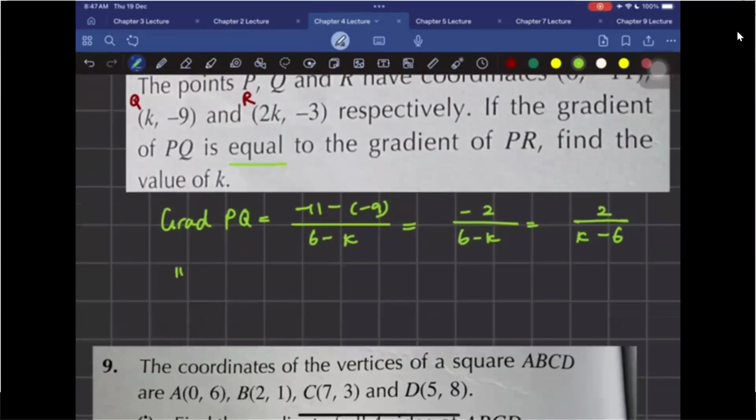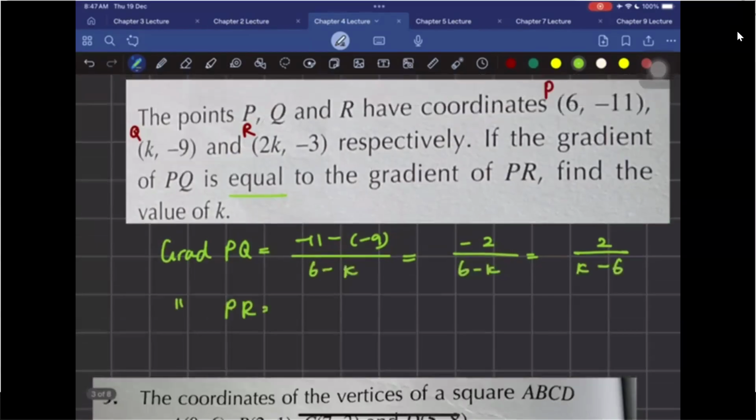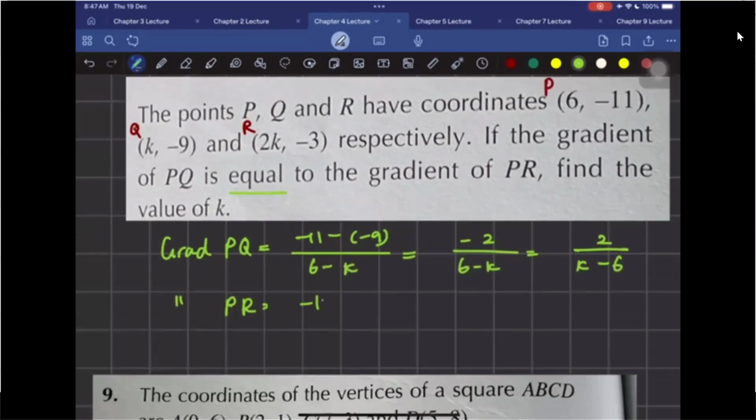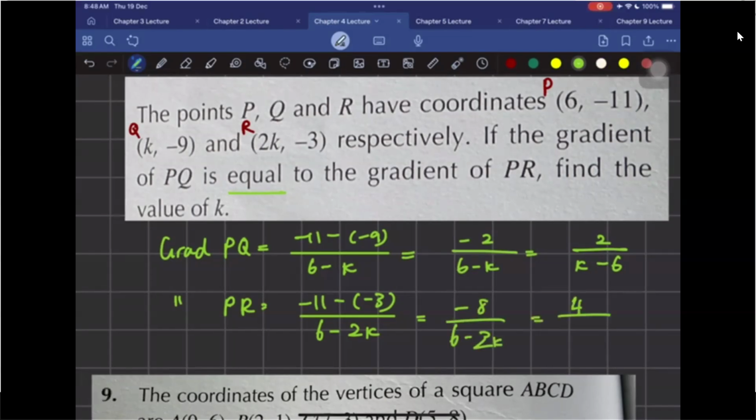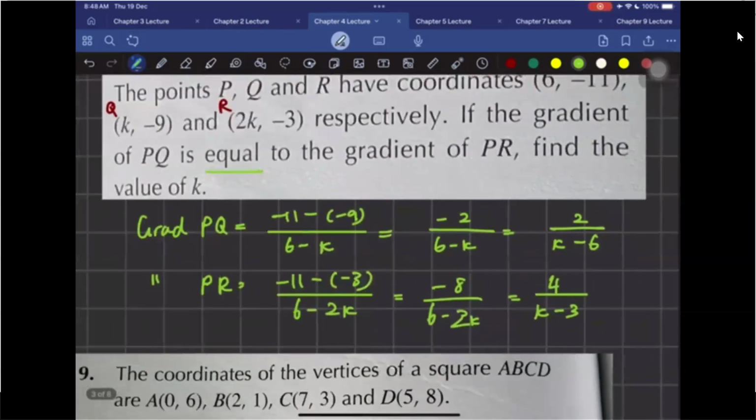Then again, gradient PR equals to, okay, so you get these two equations.